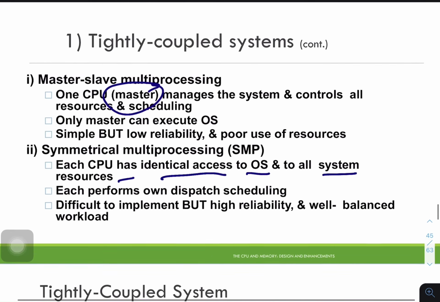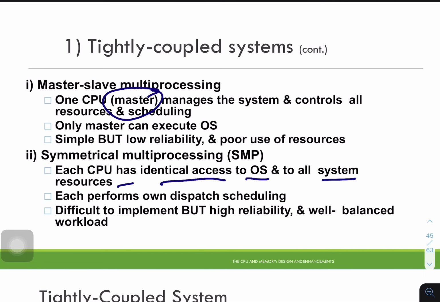Dia ada akses pada sistem tapi secara berasingan. Dia akses pada sistem yang sama, pada resources yang sama, but how the CPU access the system and the resources are different. Okay, they use the sistem tu secara berasingan.